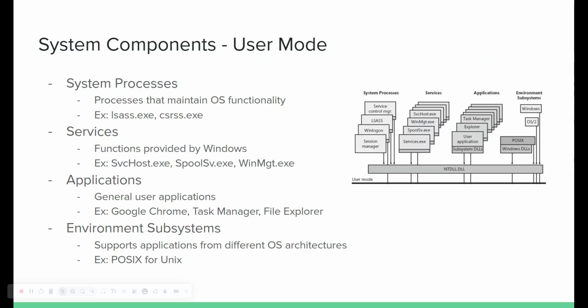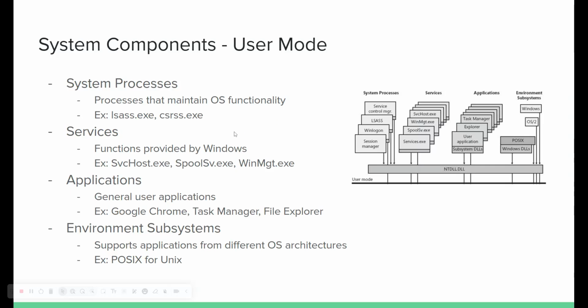So the system processes kind of make up the operating system. They make sure that it functions properly. Basically, anytime the OS needs to perform a task, it uses these processes to get it done. So that includes I/O processing, memory management, anything that it needs to do, it will use these processes to do it.